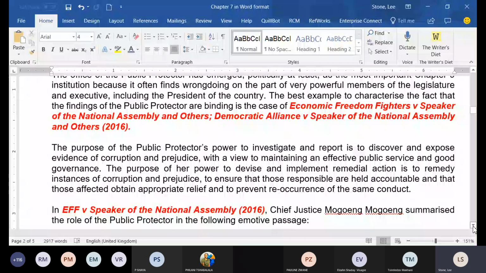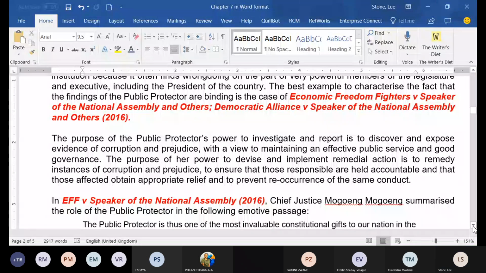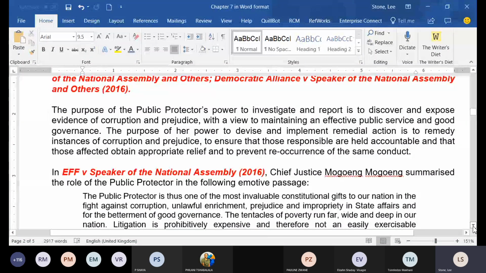investigated the Nkandla matter. So if you know the Nkandla matter, you know that the public protector investigated whether the upgrades to former President Jacob Zuma's homestead at Nkandla were security related, but the public protector found that they were not all security related, and he should therefore pay back.